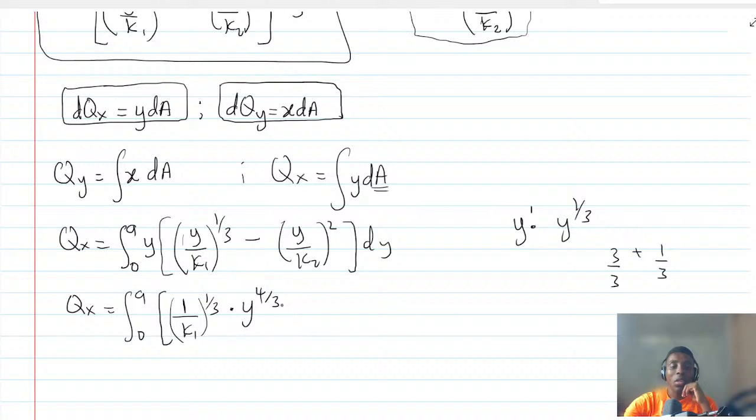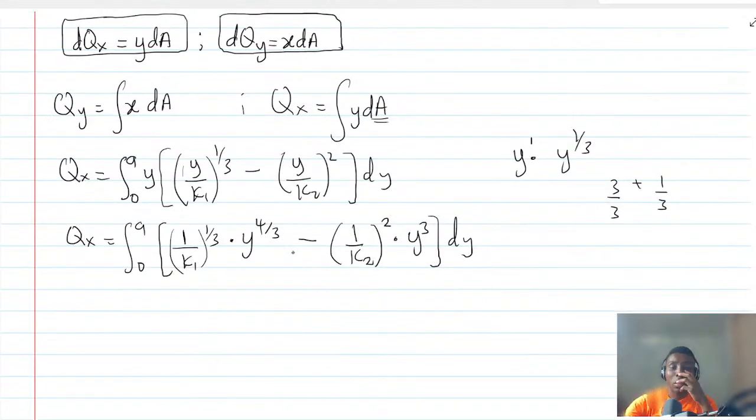Minus 1 over k2 squared, and this one is y squared. If it multiplies another y, we'll get y cubed. Okay, so we are done with the multiplication.